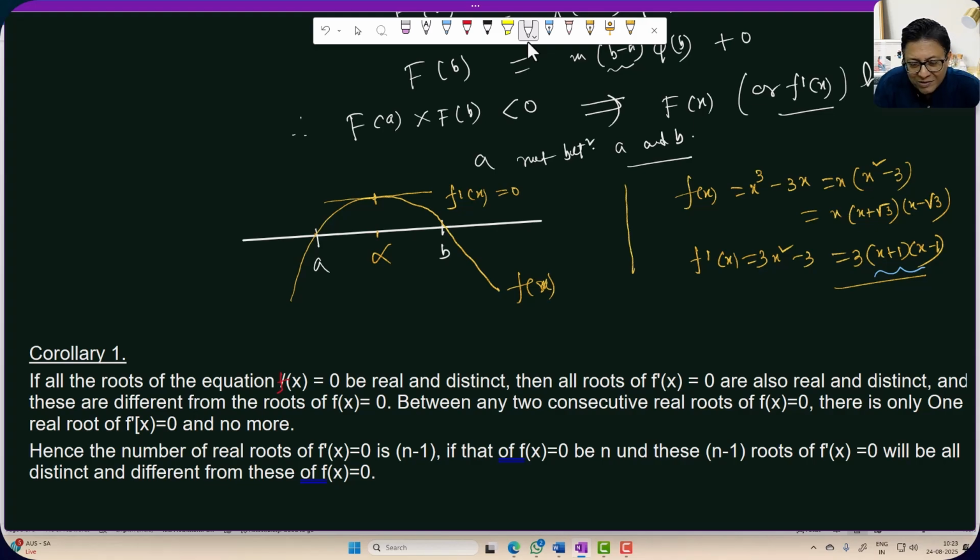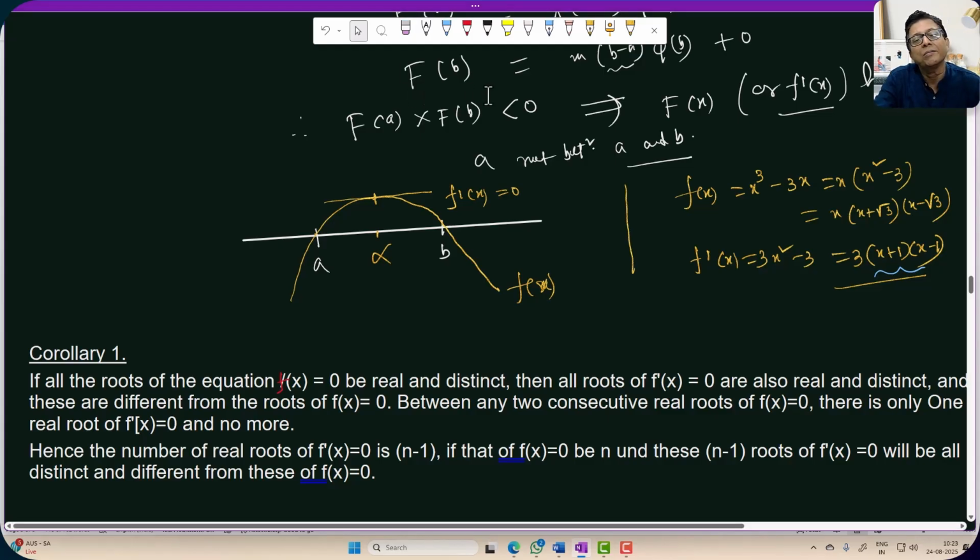Hope you understand. Say f x has 30 roots, then f dash x will have 29 roots. I have given you one simple proof with f x taking x cube minus 3x and f dash x this. But later on, we will apply this. This is our corollary 1.